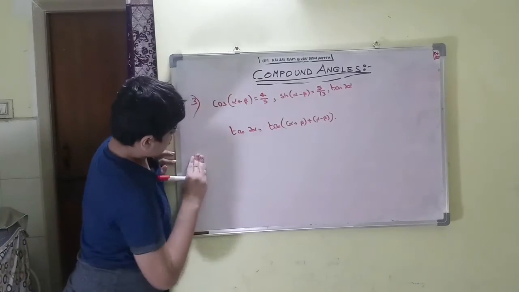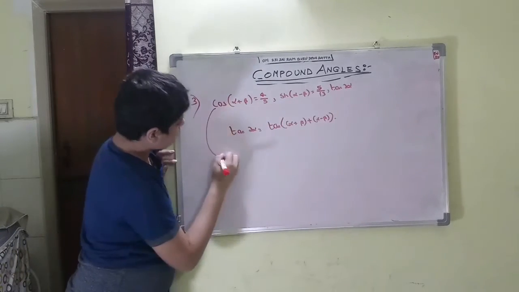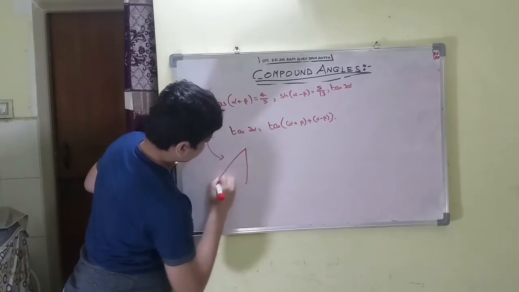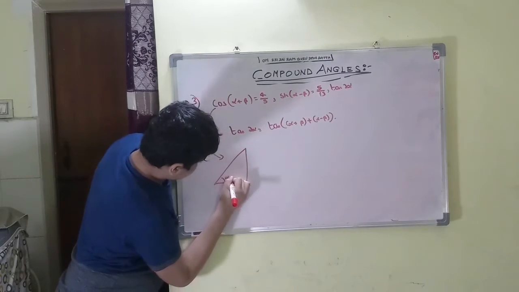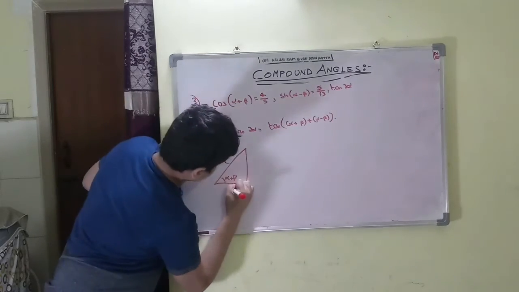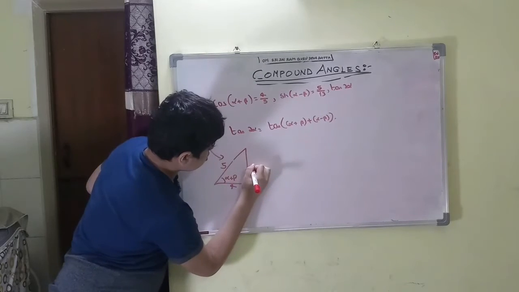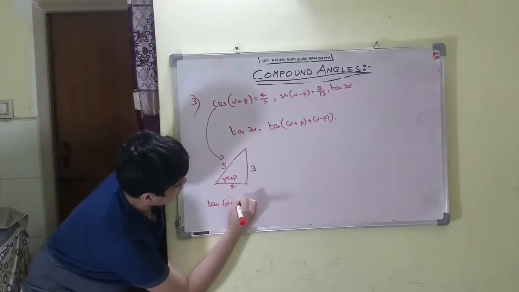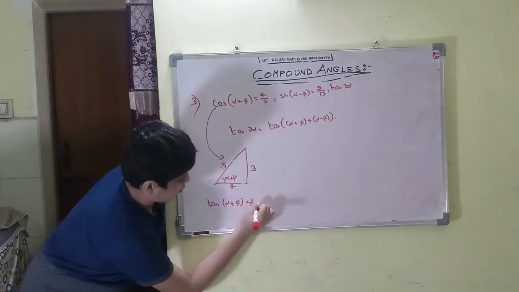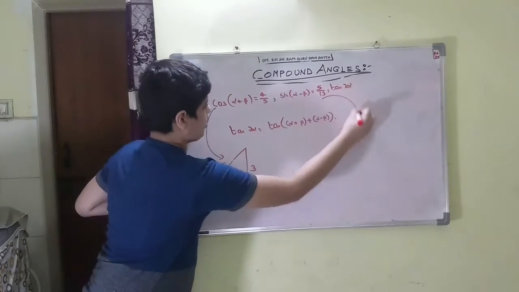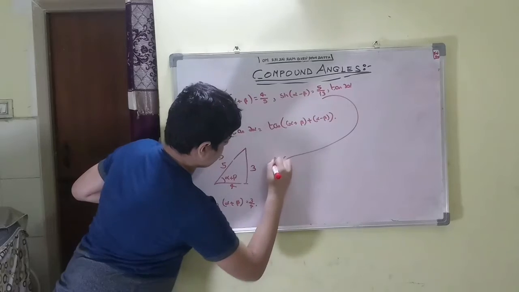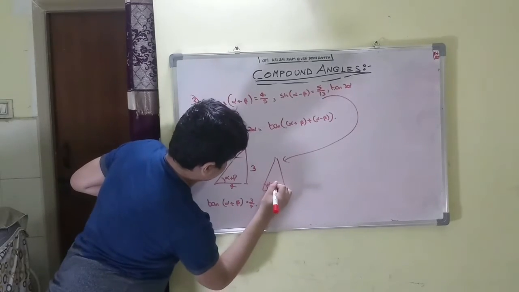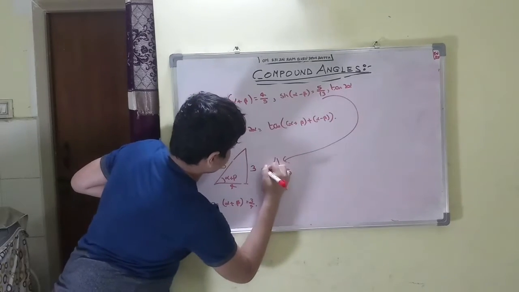So now this one, this is alpha plus beta. Now cos is 4 by 5, so it will be 3, and tan of (alpha plus beta) is equal to 3 by 4. This if I write here, alpha minus beta, 5, 13.